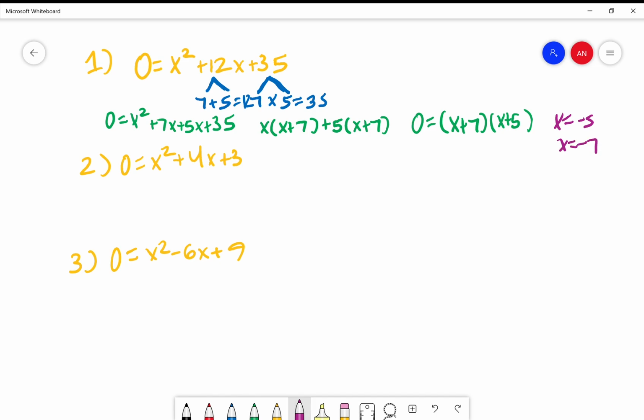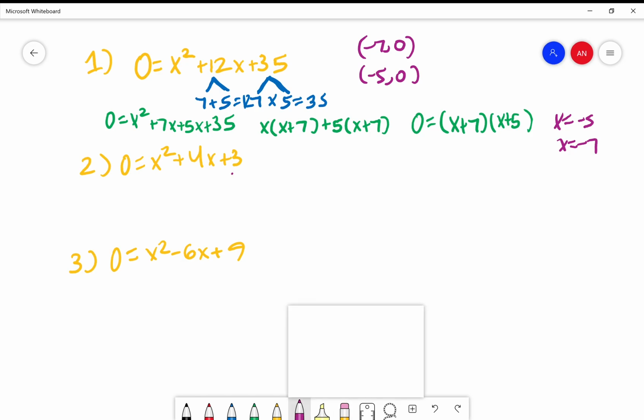And on a graph, that would be minus 7, 0 and minus 5, 0. And those are our roots. Okay, next question.